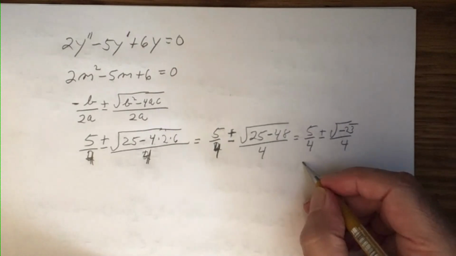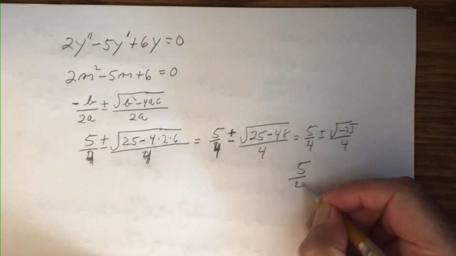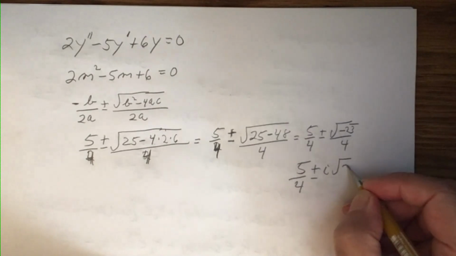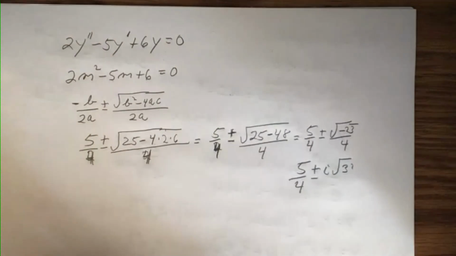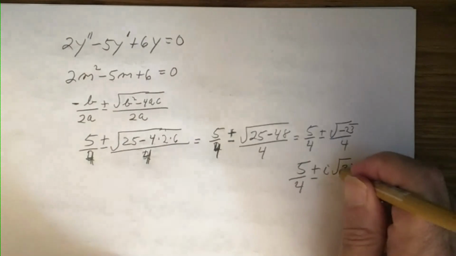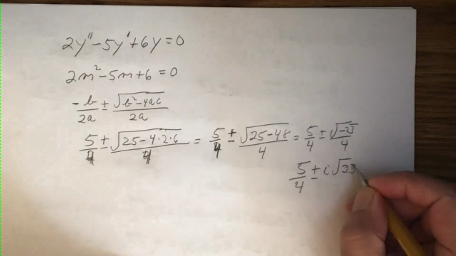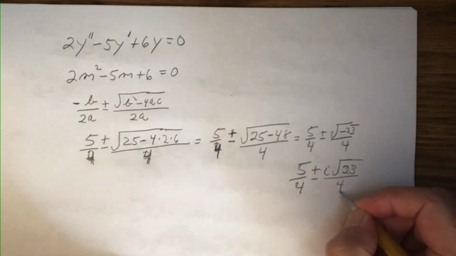And then I can write this as 5 over 4 plus or minus i times the square root of 23 over 4.